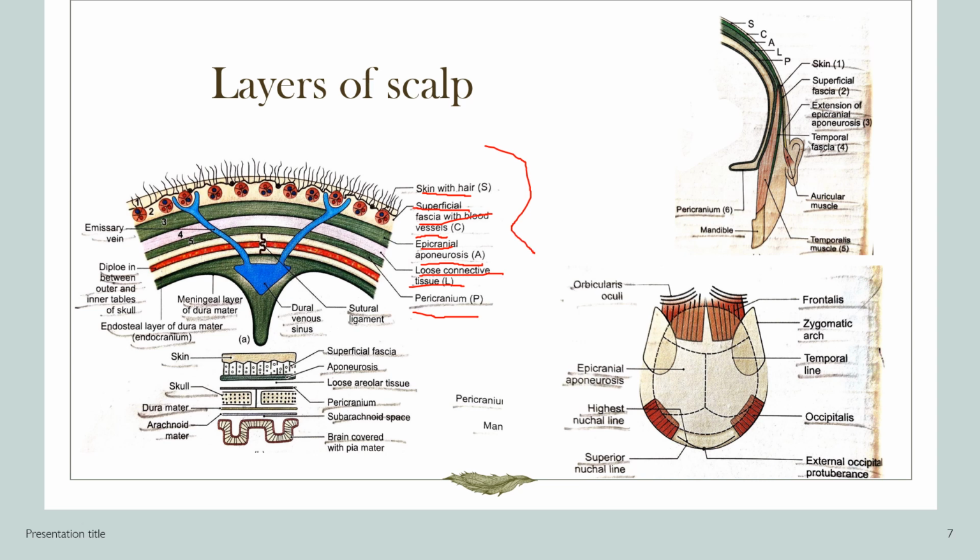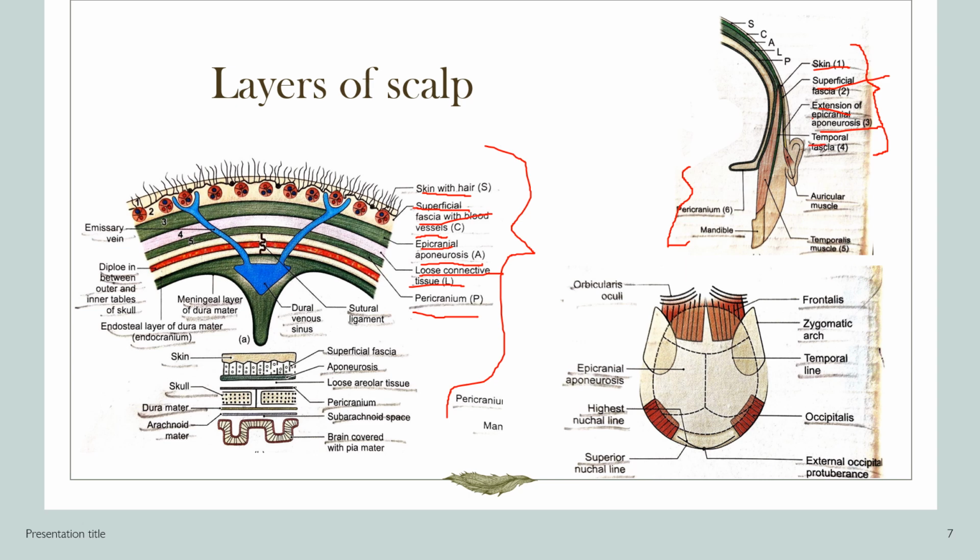These are all the layers of the scalp, which are again shown in this figure, in which we can see the skin, superficial fascia, then the extension of the epicranial aponeurosis.